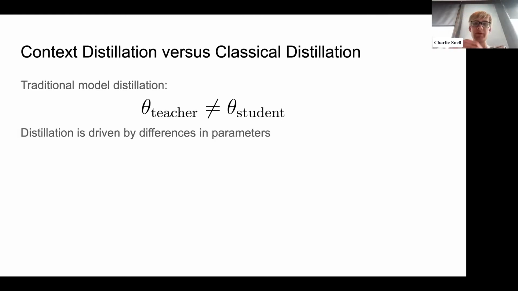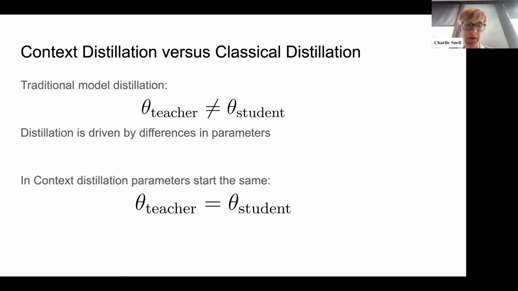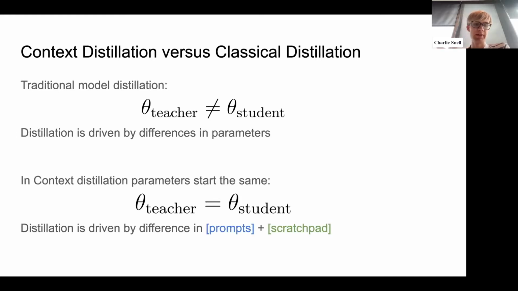And it's this difference in parameters that drives the distillation process. So the student learns from what's in the teacher's parameters. In contrast, in context distillation, the student and the teacher initially have the same parameters. The distillation process in this case is instead driven by the difference in the context tokens that are available to the two models. So the teacher has prompts and scratch pads, the student doesn't.